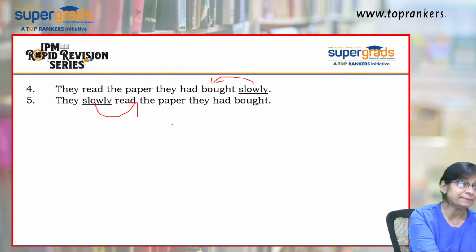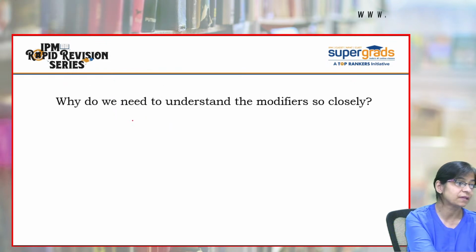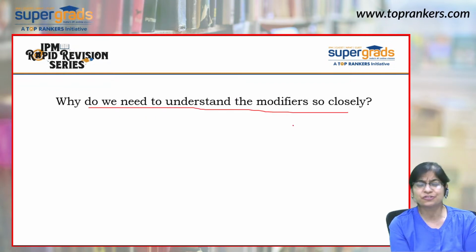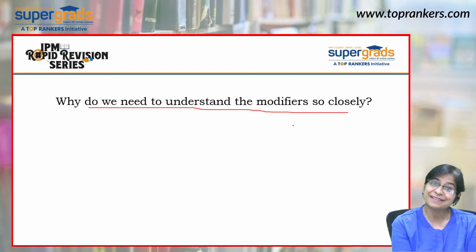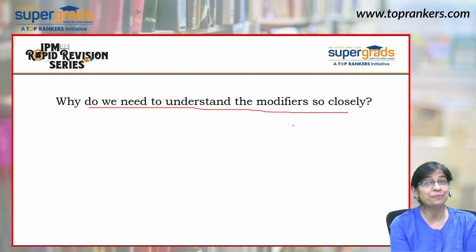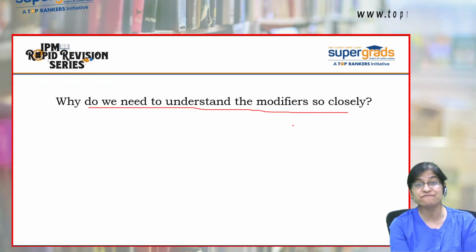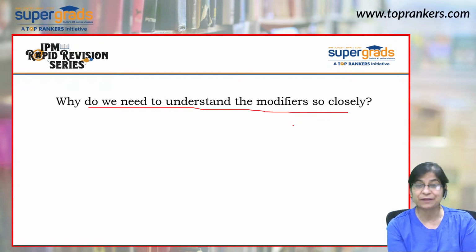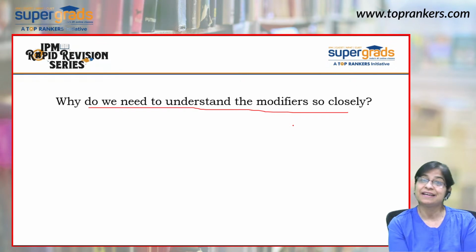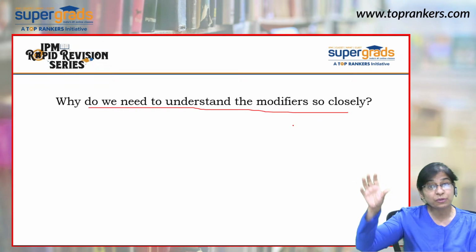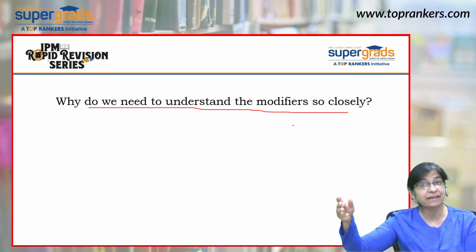Now, let's see, why do we need to understand these modifiers so closely? The reason is that if you misplace your modifier, if you do not place it in the right place where it should have been, it will alter the meaning of the sentence. We've just seen it. Just because I placed slowly at the end of the sentence, my focus was more on the act of buying the newspaper.